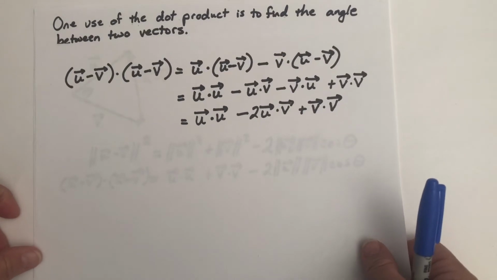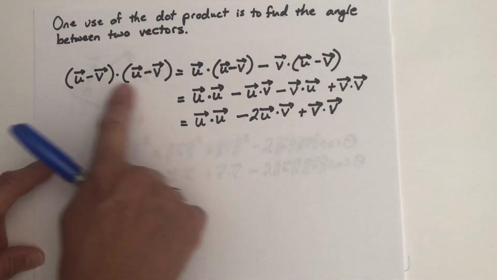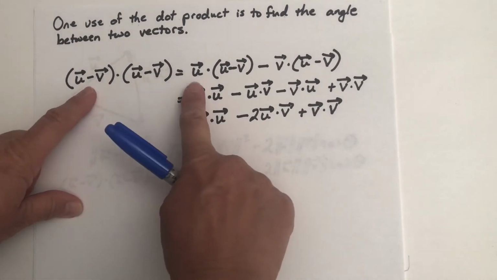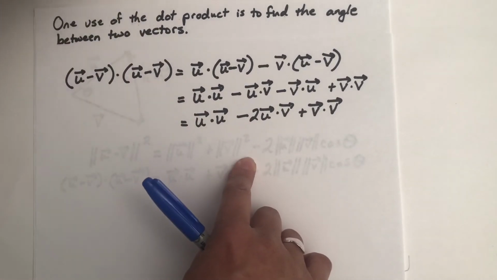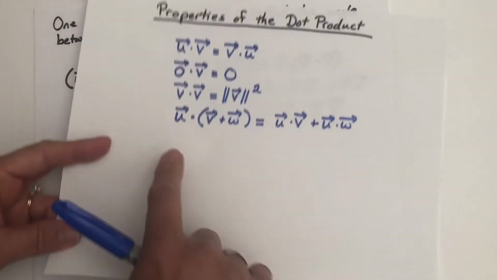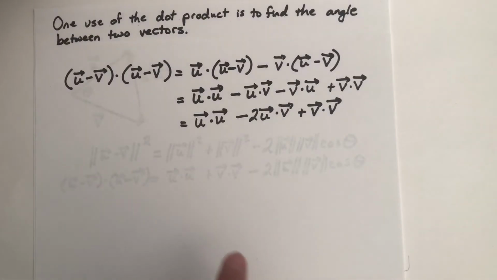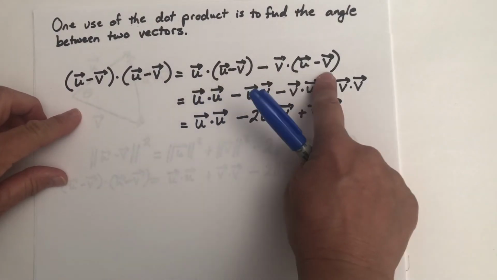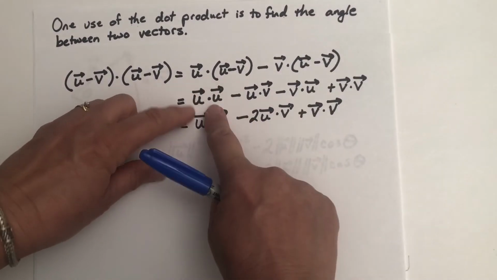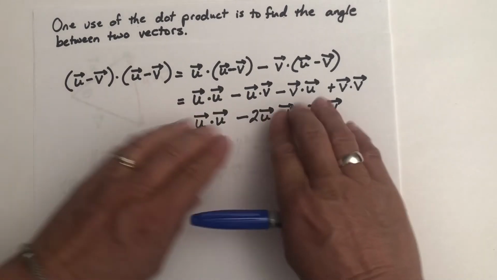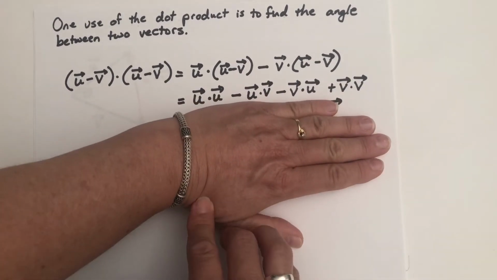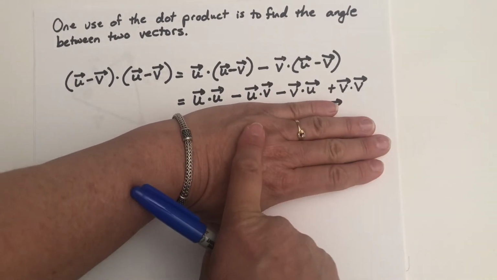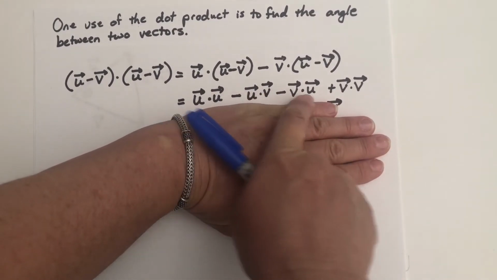It's really that we'll use the distributive property twice. We saw that the dot product was distributive, right? So we distribute once, and then we distribute a second time. So we have expanded it to look like this, 4 dot products. But notice we have u dot v and v dot u.